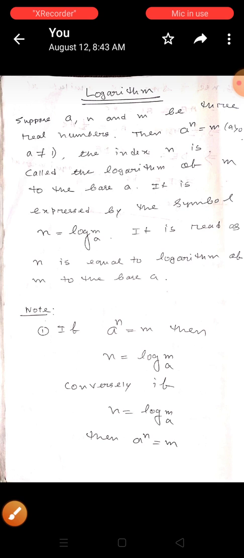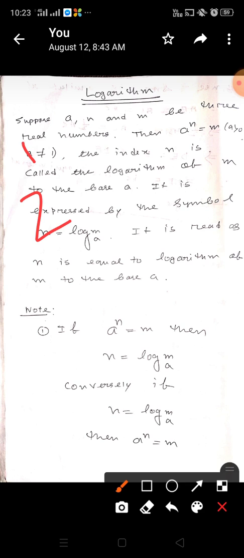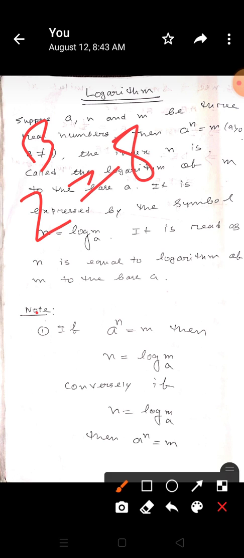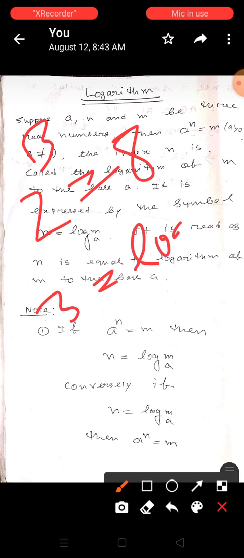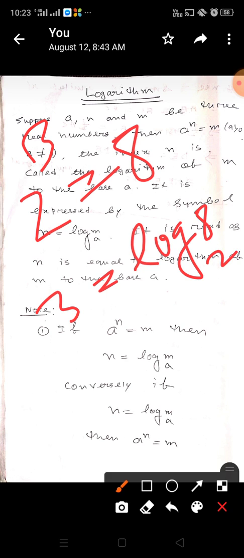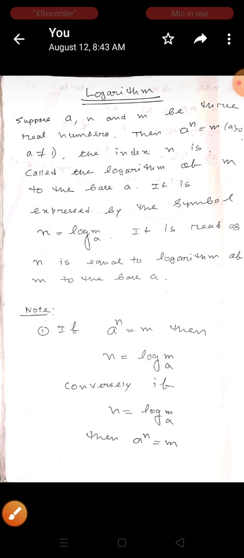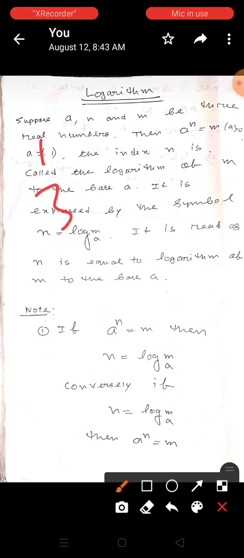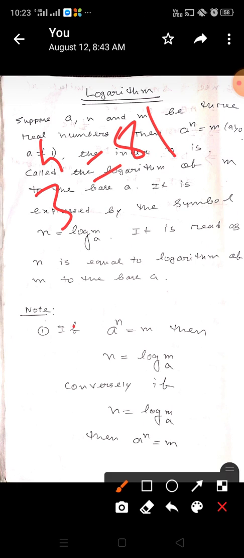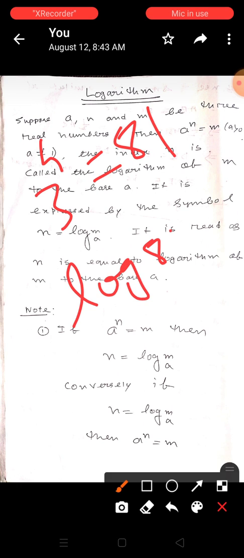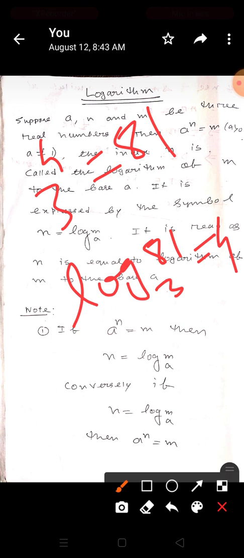So suppose 2 to the power 3 equal to 8, then 3 will be log of 8 to the base 2. If we write 3 to the power 4 equal to 81, then log of 81 to the base 3 equal to 4.